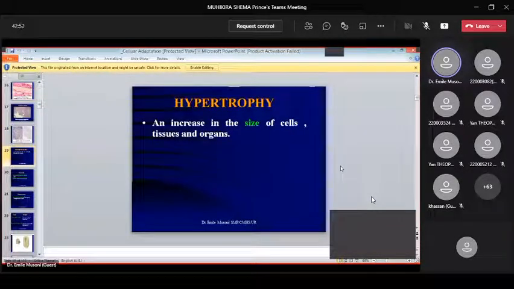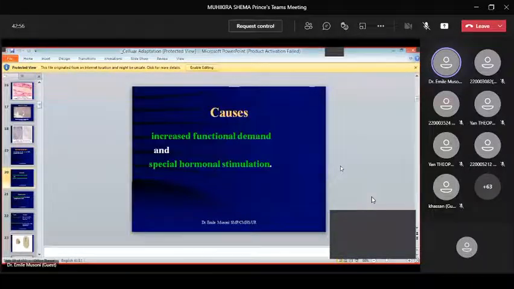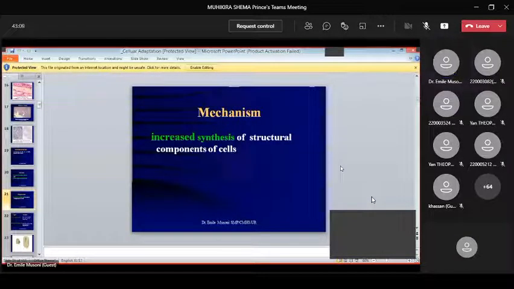Hypertrophy is an increase in the size of the cell, tissue, and organ. The causes are an increased functional demand. When you do more exercise, there will be muscle hypertrophy. Also some special hormone stimulation. The mechanism is an increased synthesis of structural components of the cell.